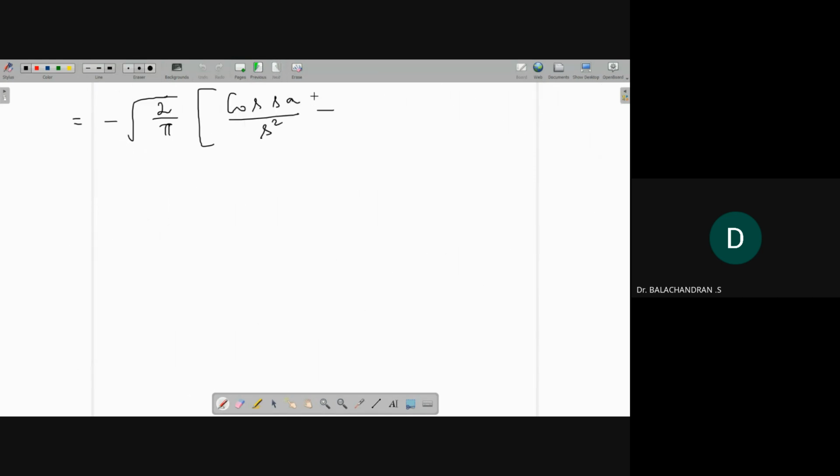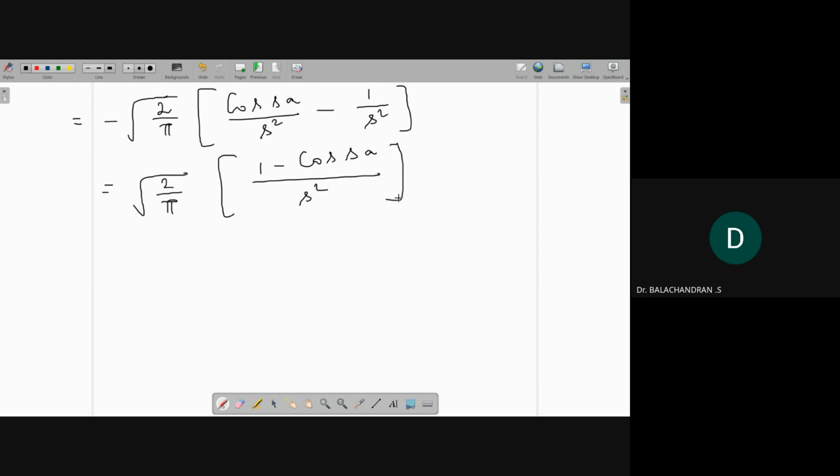So 1 by s square. I'll take this minus inside the expression. I'll get root 2 by pi, 1 minus cos sa by s square, because of this minus.